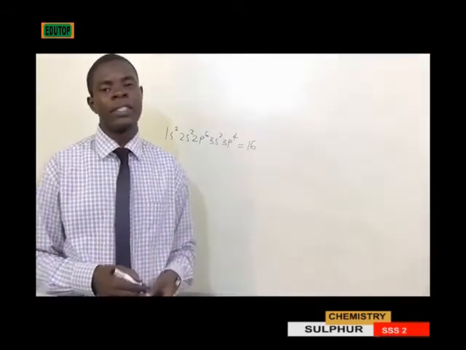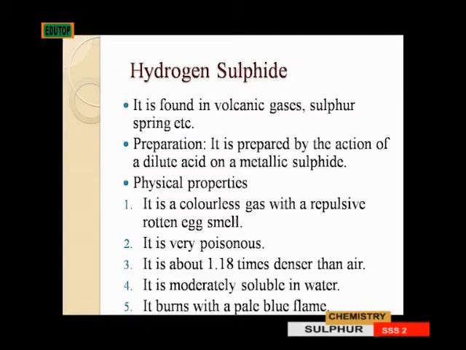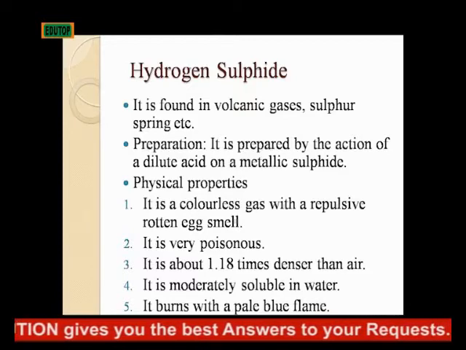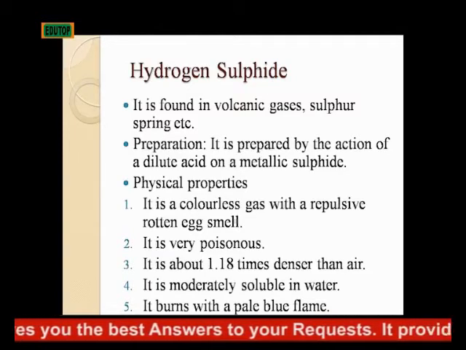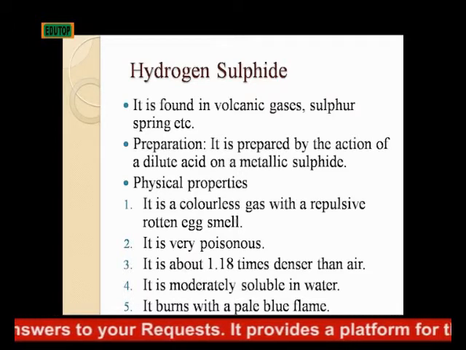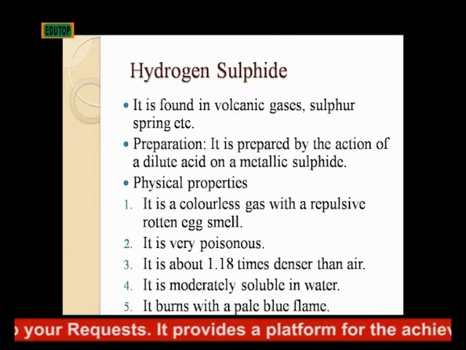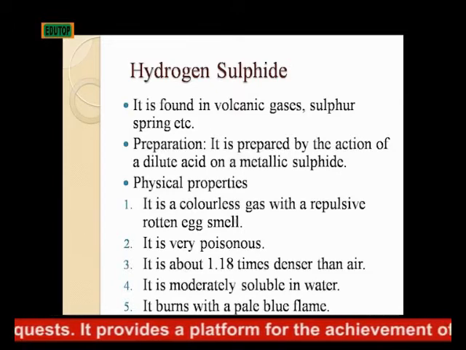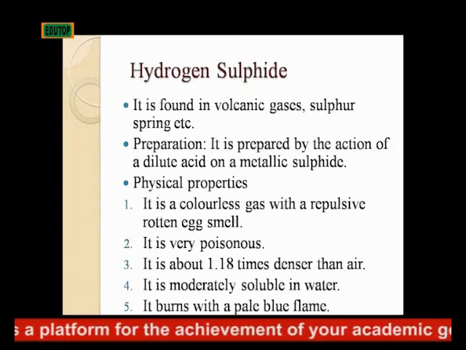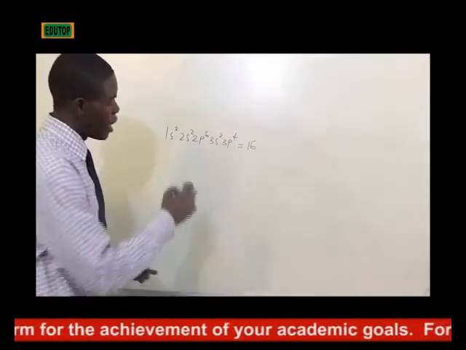Hydrogen sulfide. Hydrogen sulfide is a compound of sulfur. It is found in volcanic gases, sulfur springs, etc. Preparation. How can hydrogen sulfide be prepared? It is prepared by the action of dilute acid on metallic sulfide. What kind of metallic sulfide are we talking about here?